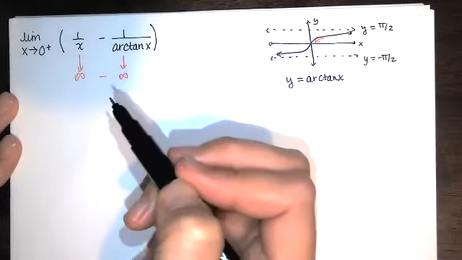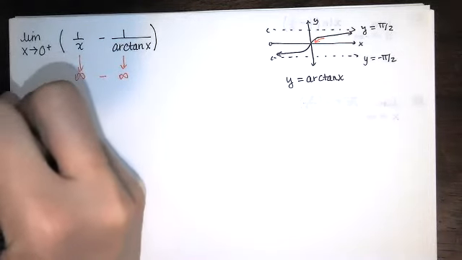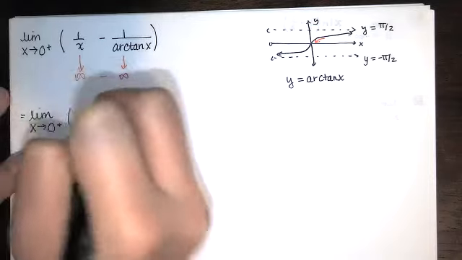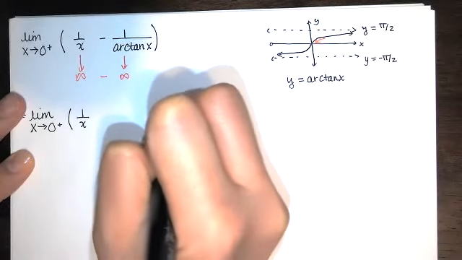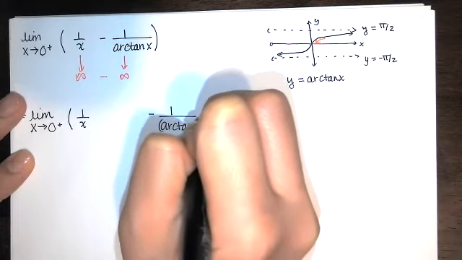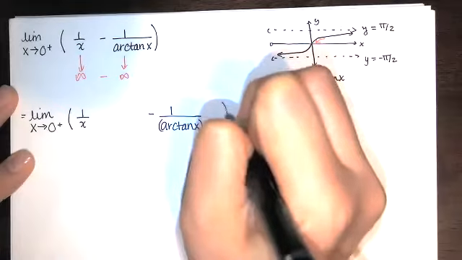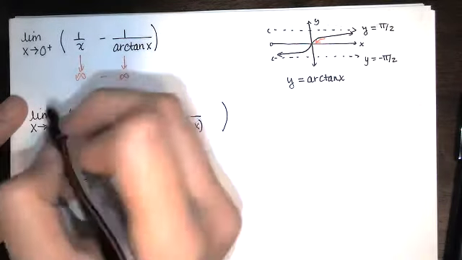And we've got a couple of fractions, so we can get a common denominator. And because these denominators do not have anything in common, the LCD is just the product of the two denominators.